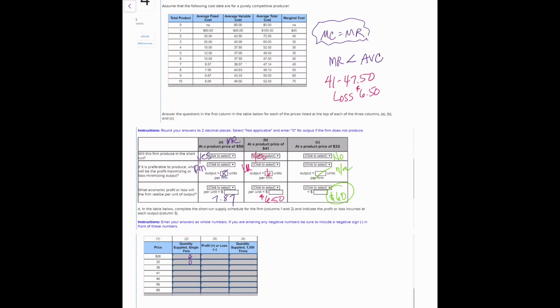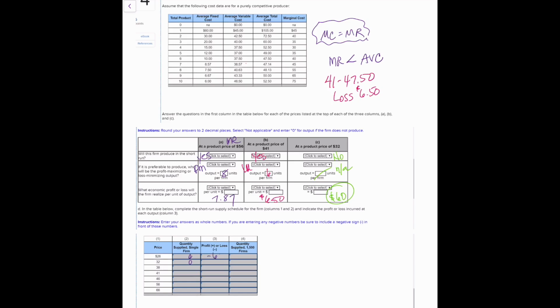At a price of $26, now we just finished saying that at a price of $32, nobody would be in the market because $32 doesn't cover the average variable cost. So here we can say, at $26, nothing is produced, and the loss is going to be that total loss we said before, the shutdown loss of all fixed costs.